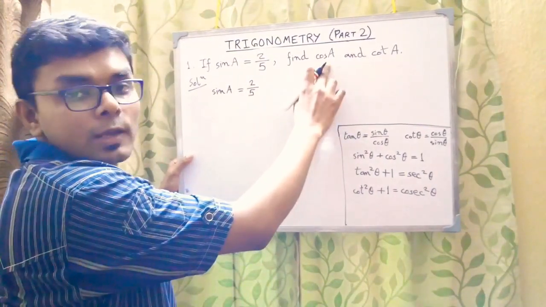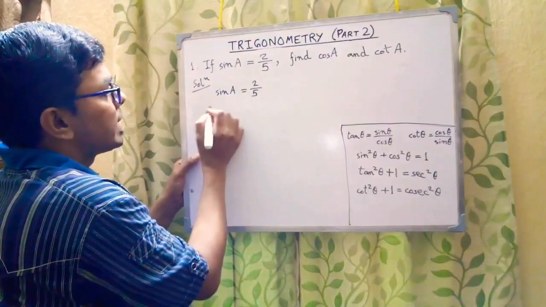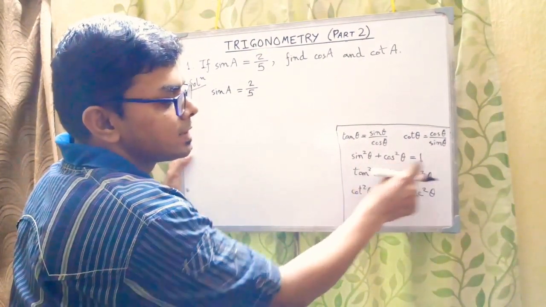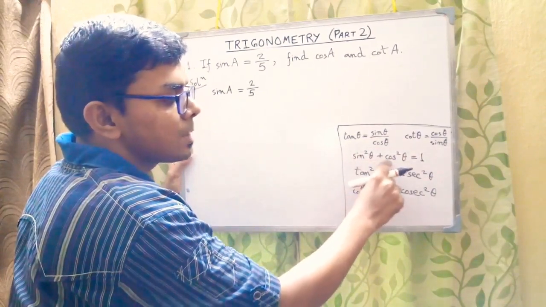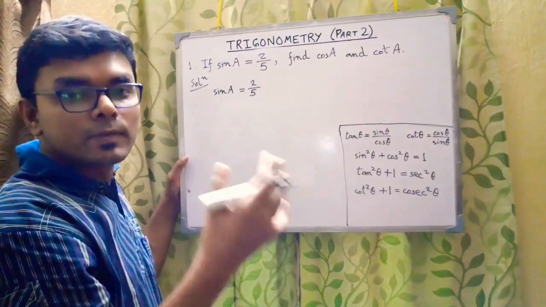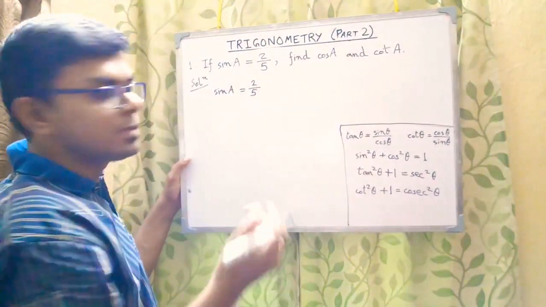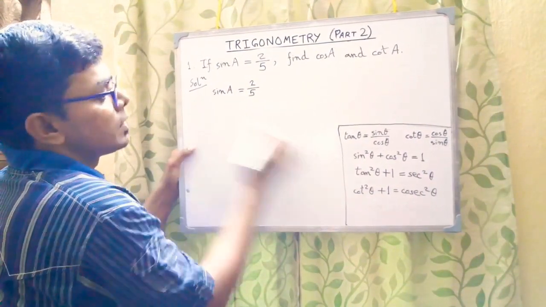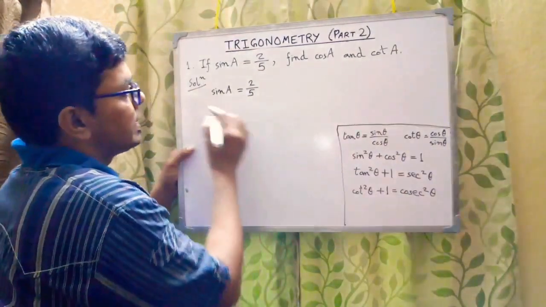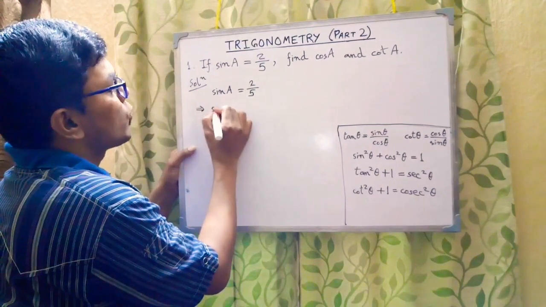You have to first find the value of cos A. Now we have sin and cos related with this identity, sin square theta plus cos square theta equals 1. Instead of theta, here angle A is given. So it is the same thing actually. So to get the value of cos A, let's first square both sides.